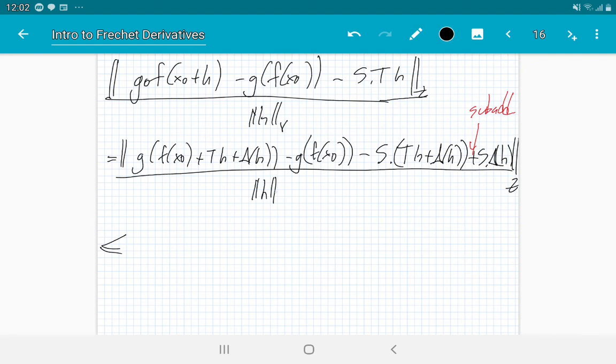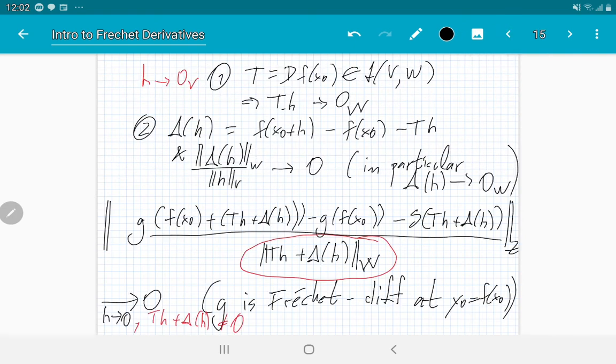Why don't I do it like this? I'm going to give this whole expression a name, psi of h, this whole coefficient with the norm.